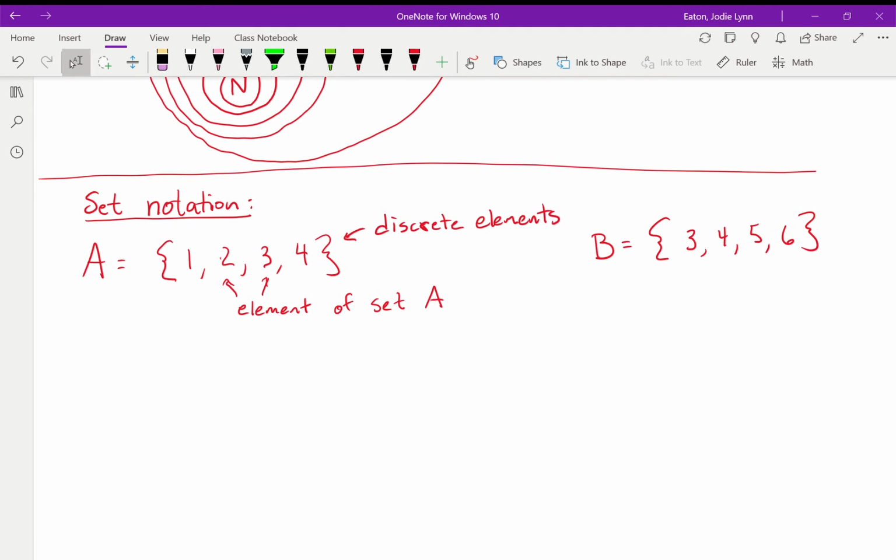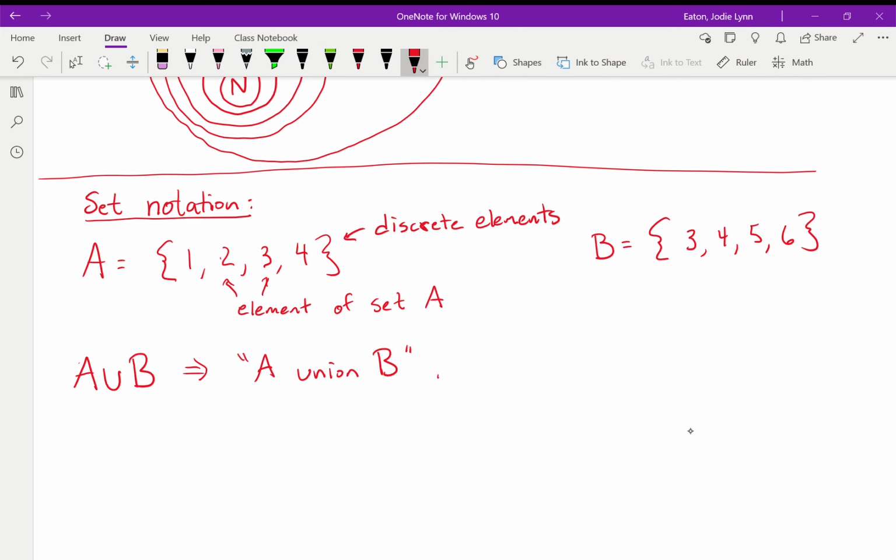Okay. So what can we do with sets? Well, we can combine them in a couple of different ways, and we can think about them interacting in these two different ways. So one of these ways is thinking about the union of sets. So A union B, we say A union B is a set that consists of all the elements in both sets.